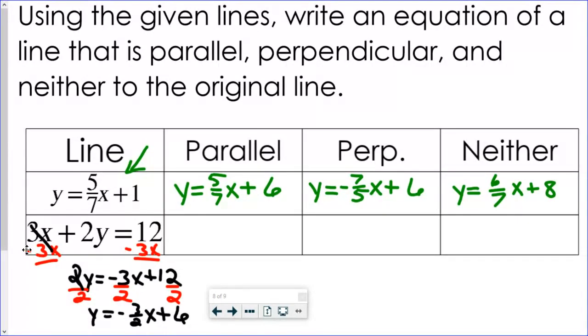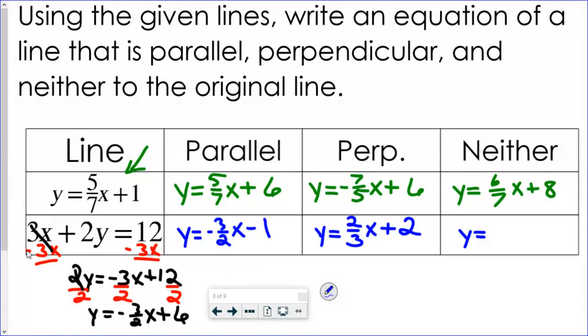So when I'm writing the equation of a line parallel, I want the same slope, -3 over 2 times x, and then pick a different number at the end. Perpendicular, I'm going to flip-flop them, and now they're positive, and pick a different number. Okay, and neither, pick any other number.